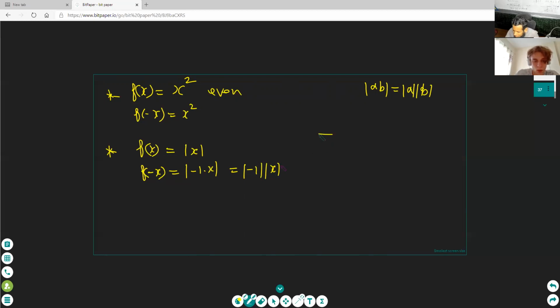What is the distance of minus 1 from 0? Positive 1 or negative 1? It's 1. Absolute value means the distance, right? It's 1.